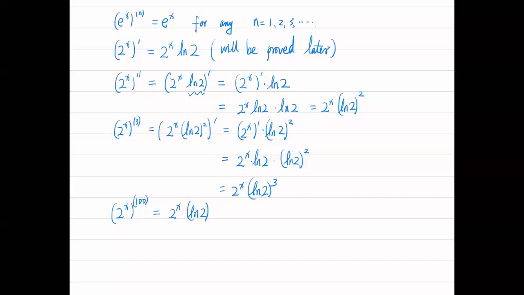You can see the first derivative has logarithm 2, the second derivative has the square, the third is the cube. So it's 100. Yes, it's 100. Okay.